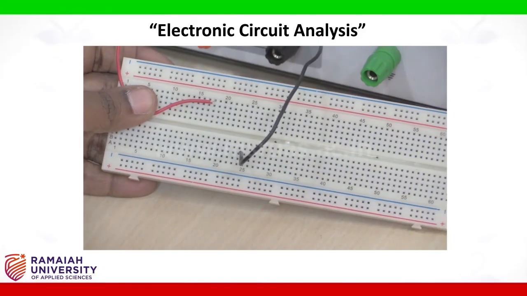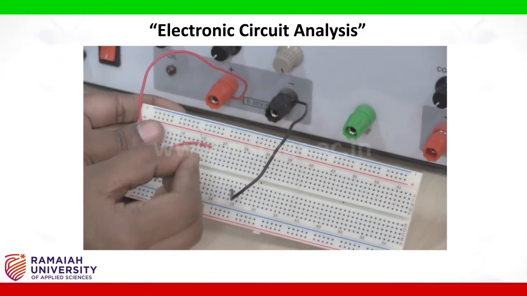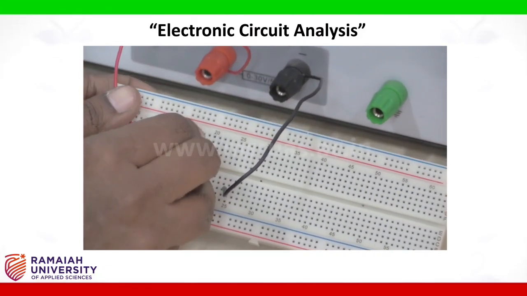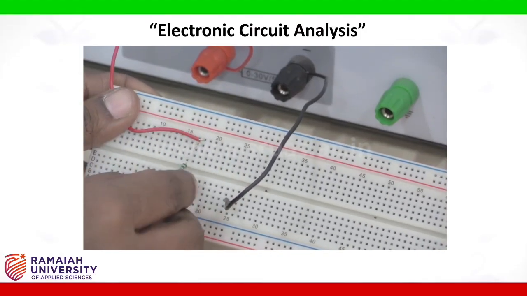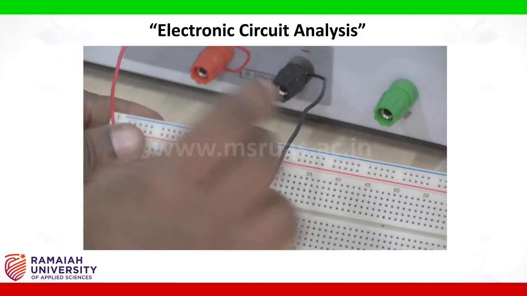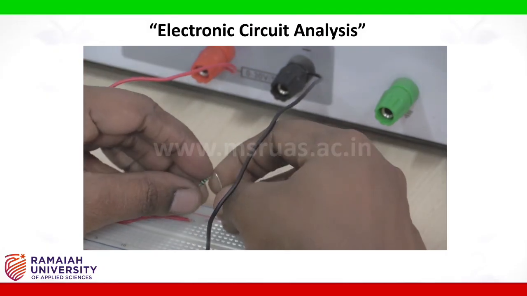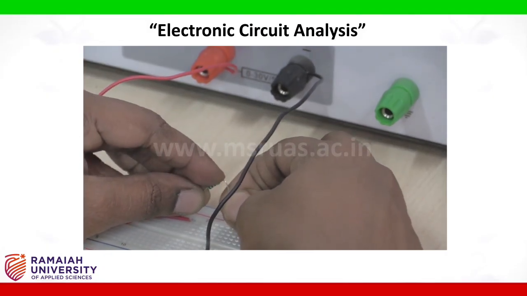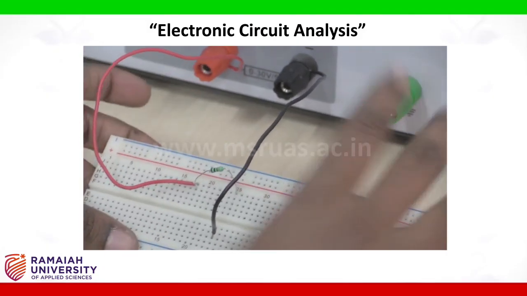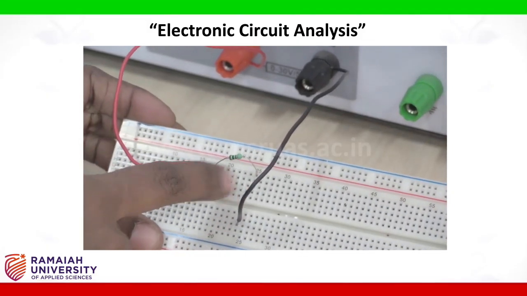Take 1 kilo ohm resistor, connect from source 1 positive terminal to this position.